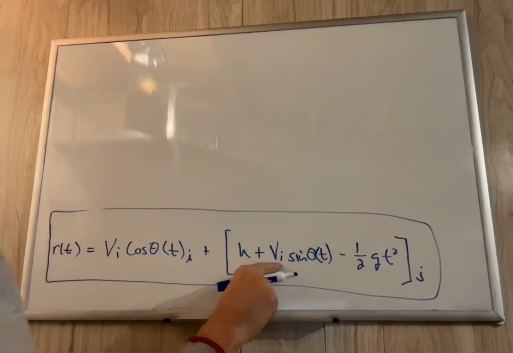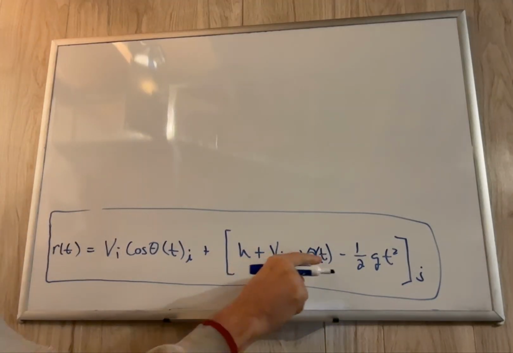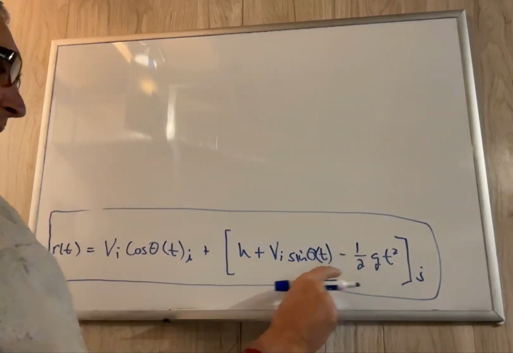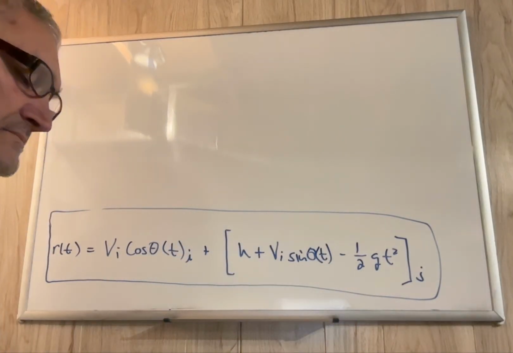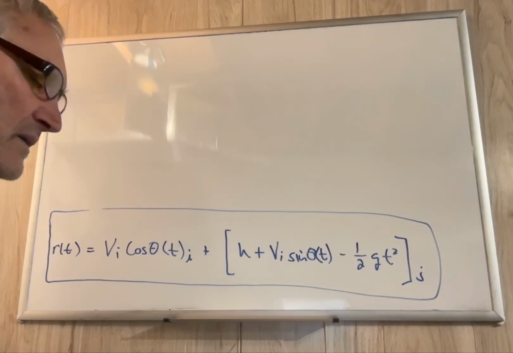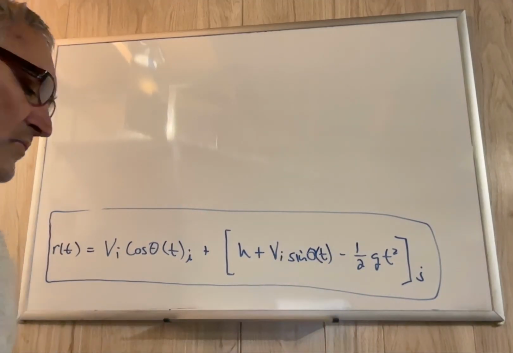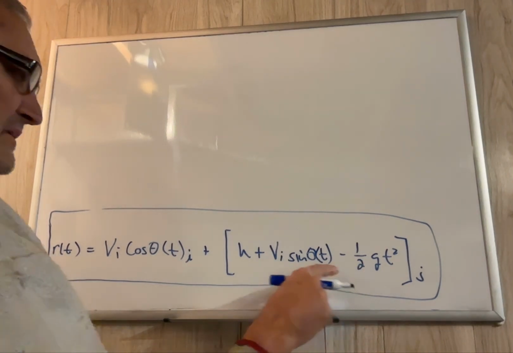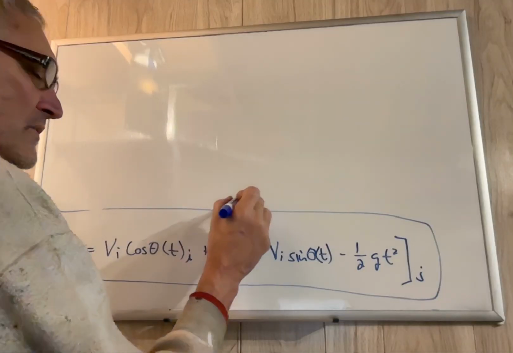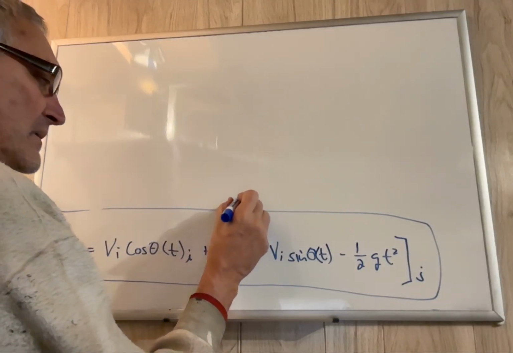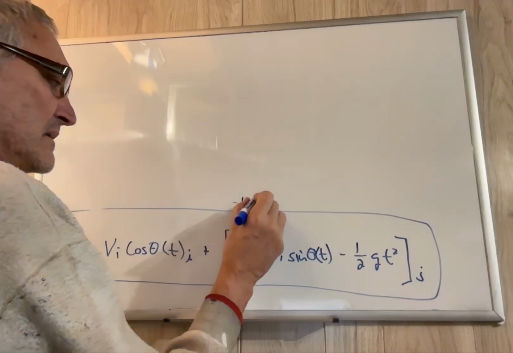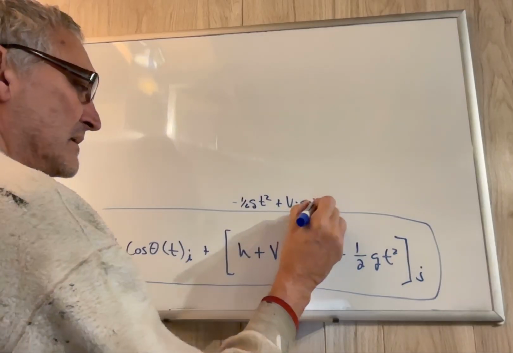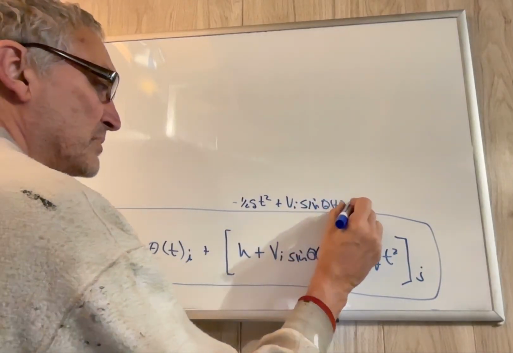All right, so let's look at this thing right here. This thing has time in it, it has direction, it also has space. If we solve this thing for t, we're going to find out how long an object remains in the air. So how do we solve this for t? Well, if we just move it around a little bit, this will be negative 1/2 g t squared plus velocity initial sine theta times t plus h.